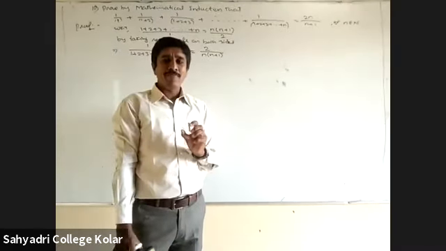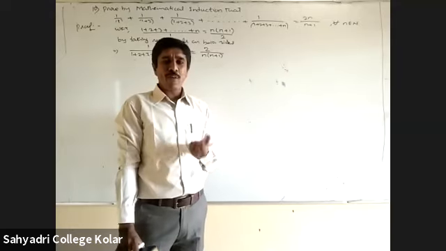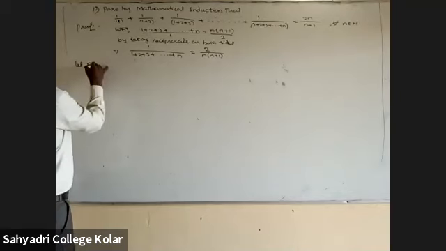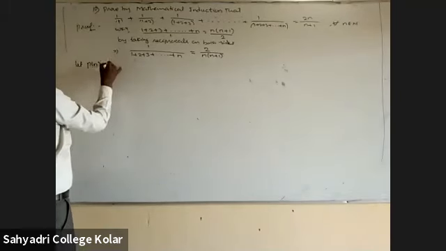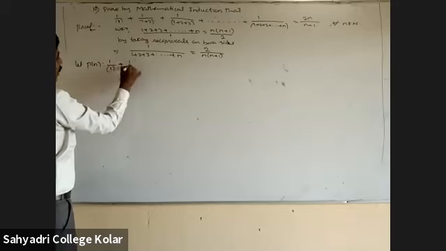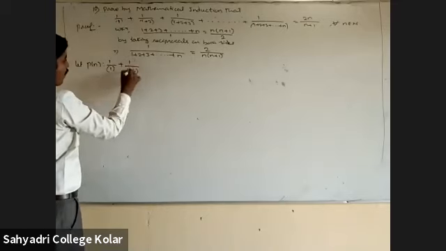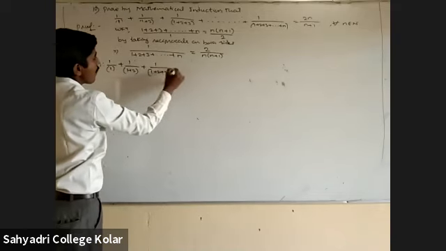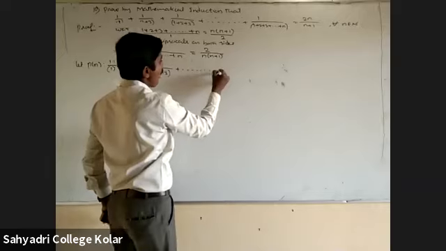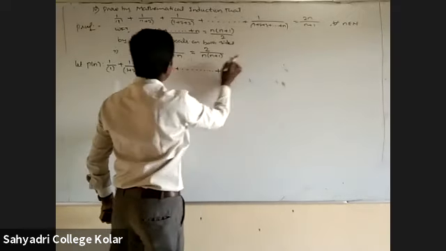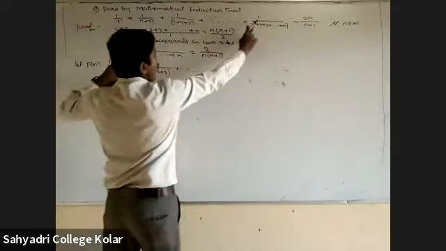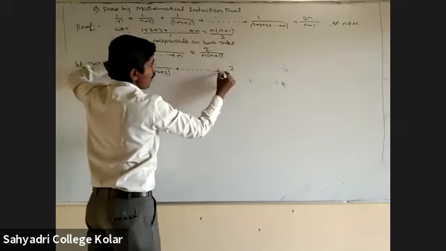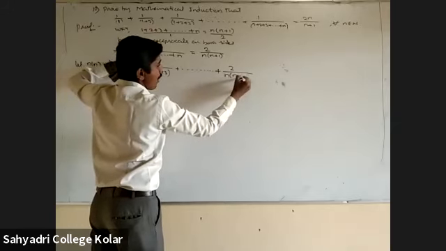Now let P of n stand for 1 by 1 plus 1 by 1 plus 2 plus 1 by 1 plus 2 plus 3 plus so on, this total value. 1 by 1 plus 2 plus 3 so on plus n is equal to 2 by n into n plus 1.